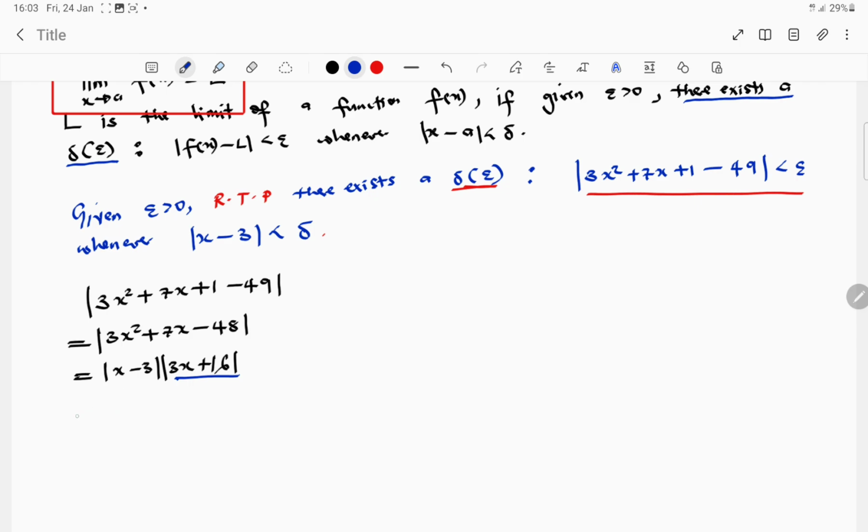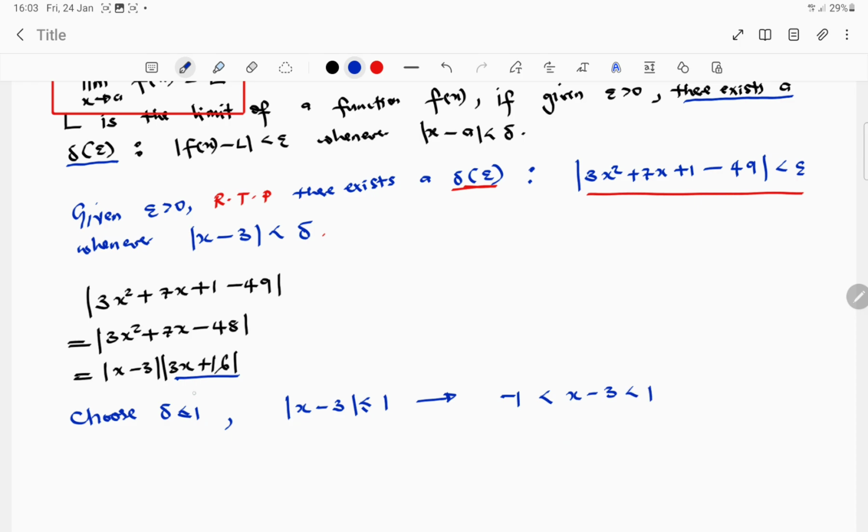So what we do now is we choose delta less than or equal to 1. We now have |x - 3| less than 1, which implies, using the definition of a modulus, that minus 1 is less than x minus 3, which is less than 1. What does that mean?